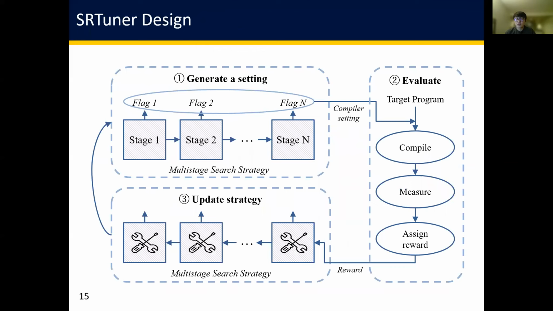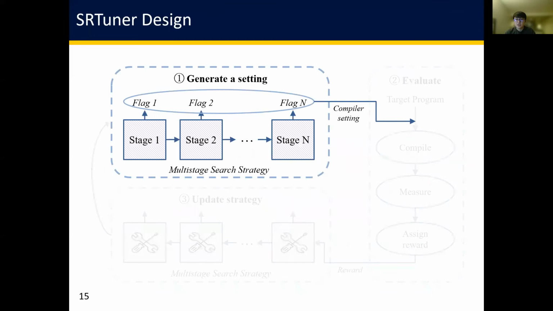This shows the overarching design of SRTuner framework. Largely, it consists of 3 steps. First, it generates a promising setting through the multi-stage generation process as in the outlined motivational example.